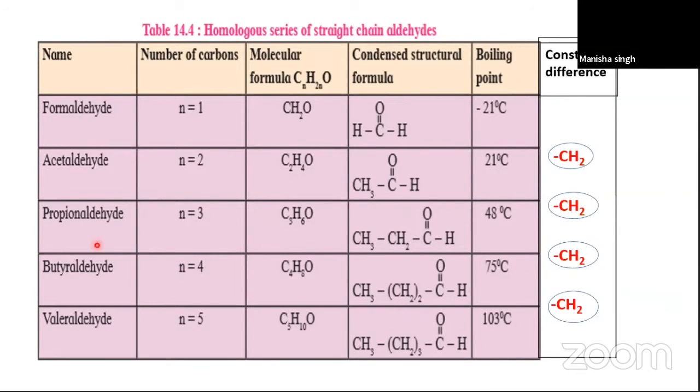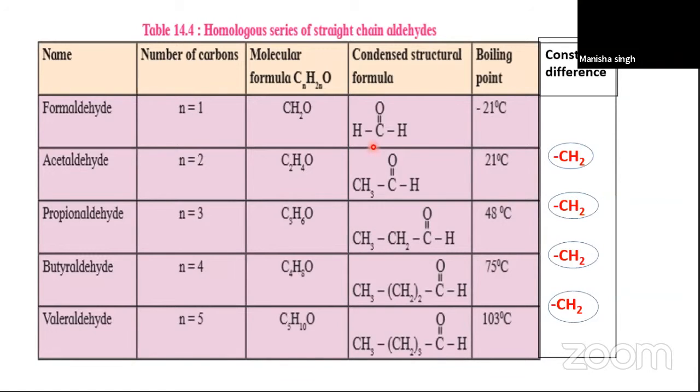Propionaldehyde, it contains 3 carbon atoms. Butyraldehyde, it contains 4 carbon atoms. Valeraldehyde, it contains 5 carbon atoms. Their molecular formula is given, and their condensed formula is given.